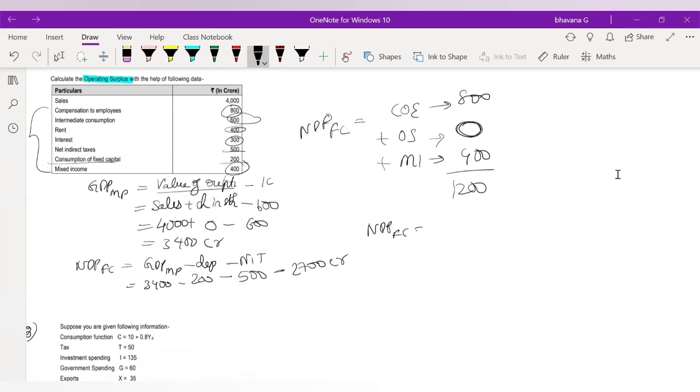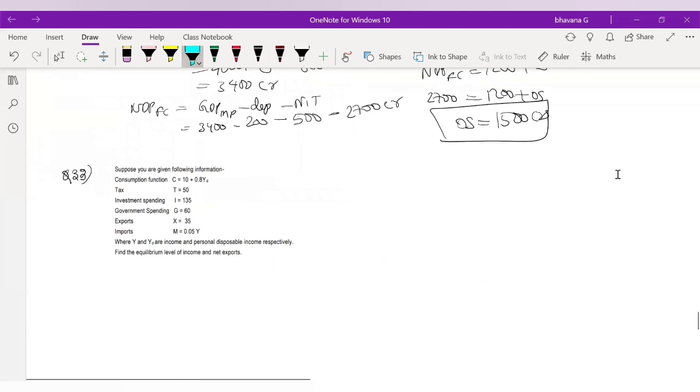So NDP-FC, 2,700 crore, equals 1,200 crore plus operating surplus. So operating surplus is going to be 2,700 crore minus 1,200 crore, which is 1,500 crores. Okay, this is how you have to find out your operating surplus here. I hope you have understood this.